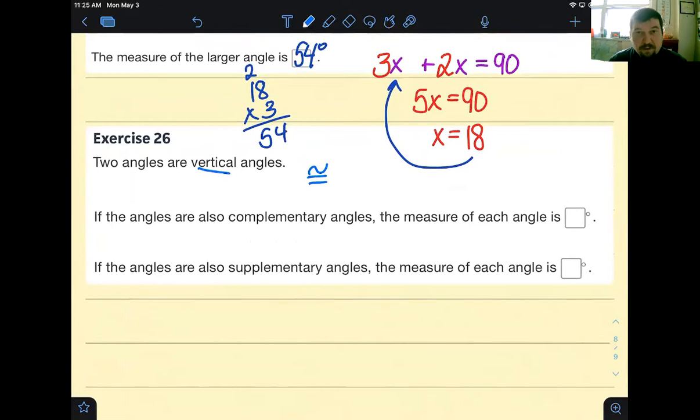So can two angles be the same size and add up to be 90 degrees? If so, what would they be? Okay, well, think about it. If I split 90 degrees two equal ways, that would be a 45-degree angle plus a 45-degree angle. Those two angles could be vertical because they're both the same, and they add up to 90. So 45 degrees would be the answer to the first part there.